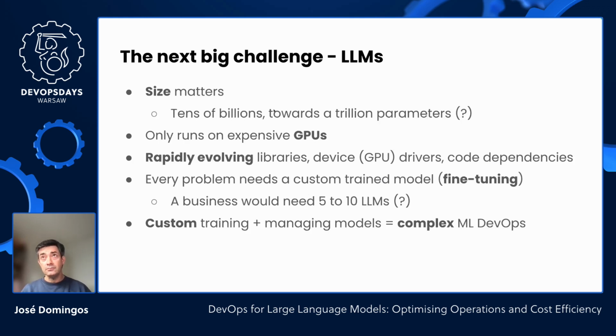So LLMs, the large language models, is really the next step from what's sometimes called machine learning operations. And in LLMs, more than ever, size matters. If you start with a 7 billion model that you've trained, if you go to a 40 billion parameter model, the computational power that you need to train that model grows exponentially.